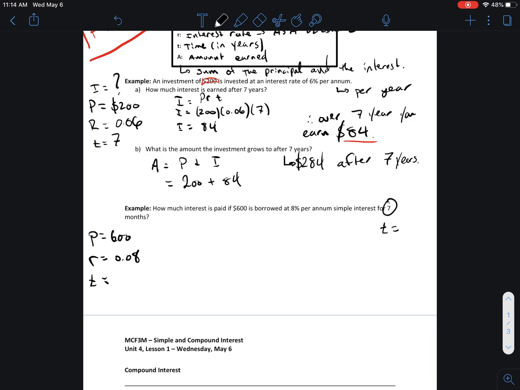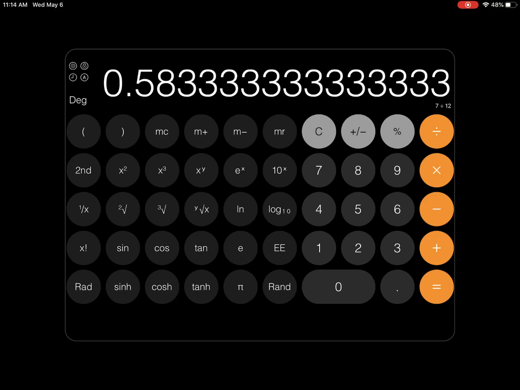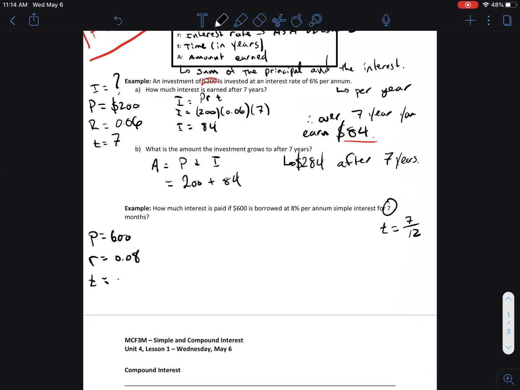If you don't pay the credit card on any particular month, you're going to get charged. So T, the amount of time that you're going to borrow this money, is actually 7 divided by 12, because there are 12 months in a year. Let's go to our calculator and get the decimal: 7 divided by 12 is 0.583. That's T.